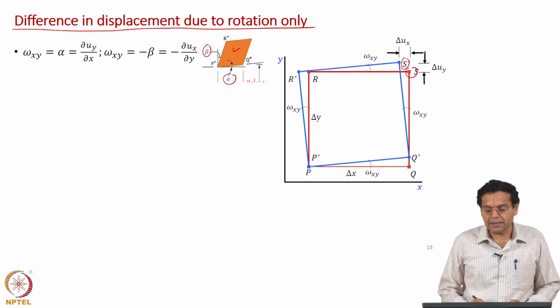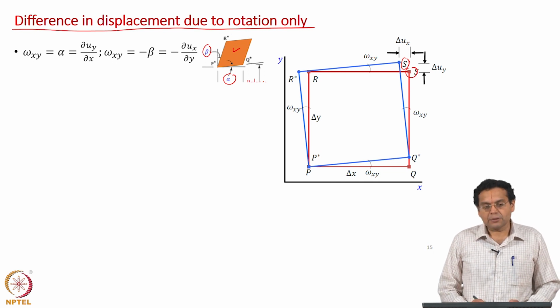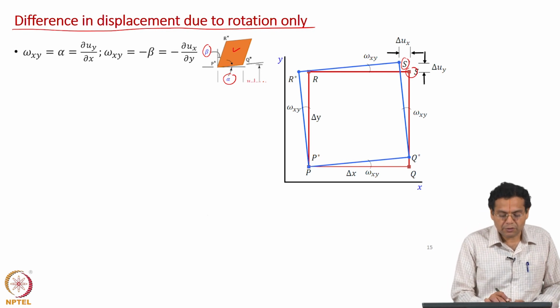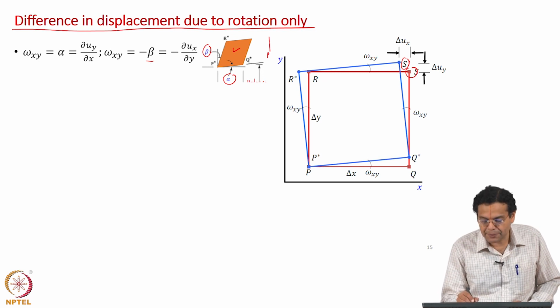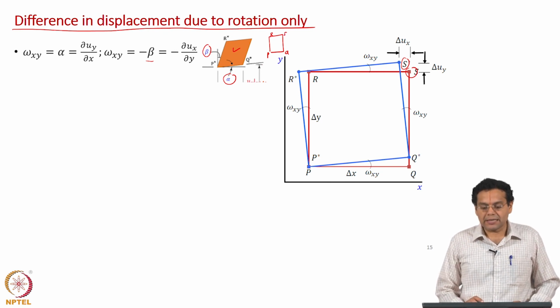Then we also derived the rotation for this element PR to P star R star, and the relationship was omega xy is equal to beta. Initially the plate was PQRS, so PR rotated in the clockwise direction.